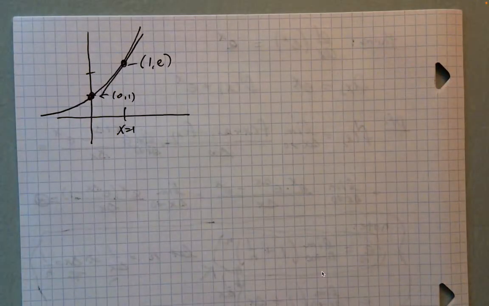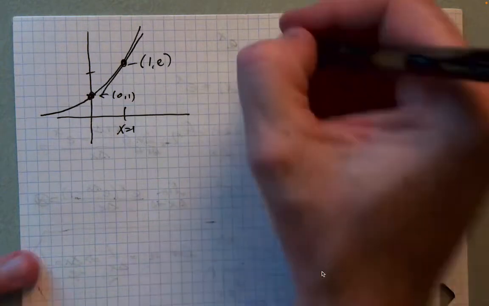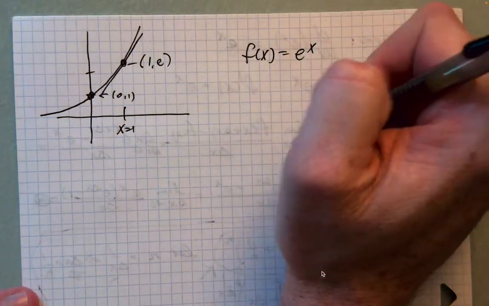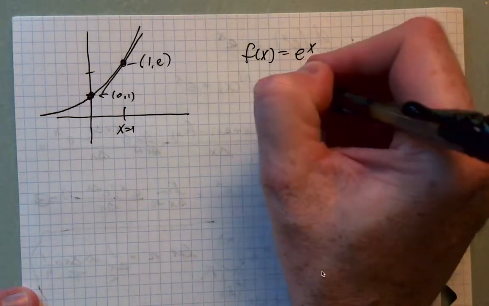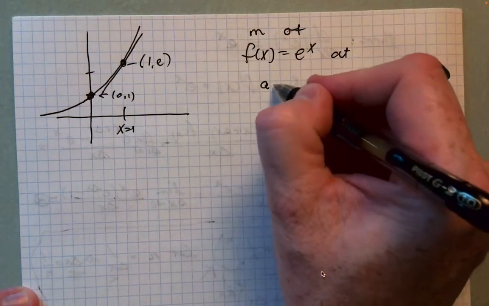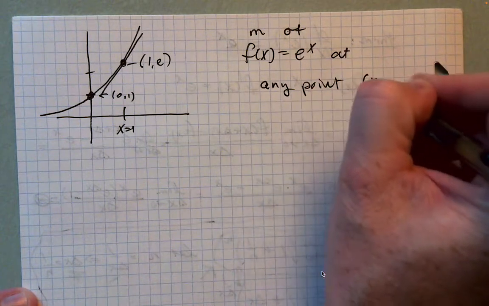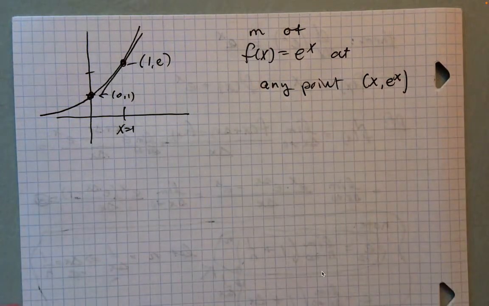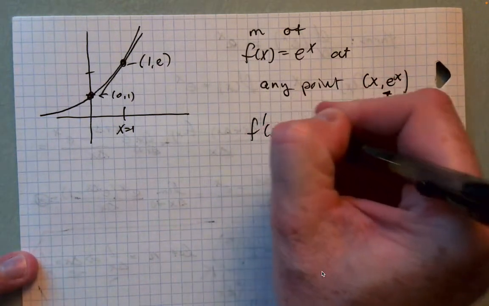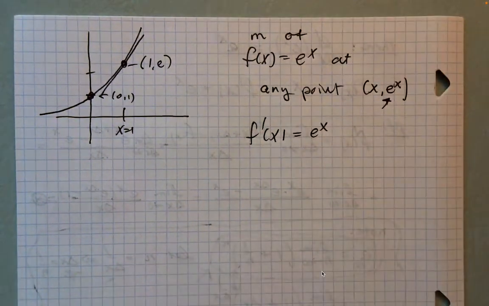And so basically what we're saying is that the slope of f of x equals e to the x at any point x comma e to the x is always equal to whatever the y coordinate is, right? So the slope is equal to whatever e to the x happens to be, and that's because f prime of x is itself e to the x. So that's a remarkable thing about the natural exponential function.